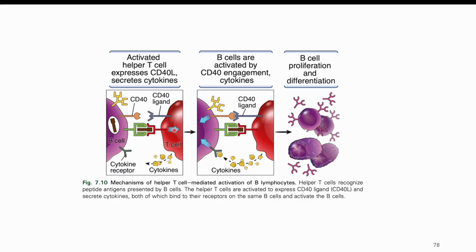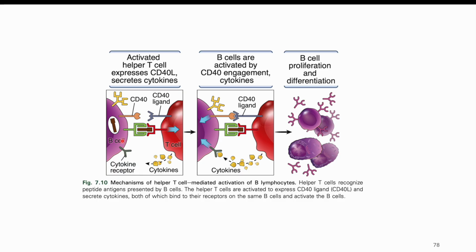Some of these important interactions: when a helper T cell recognizes the peptide antigen presented by B cells, the helper T cells are activated to express CD40 ligand, remember, it's the ligand, and secrete cytokines, both of which bind to their receptors on the same B cells and activate the B cell.